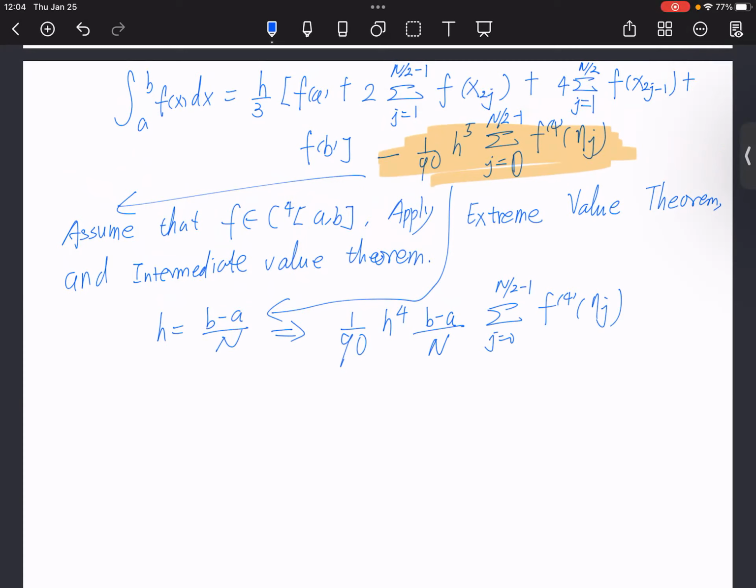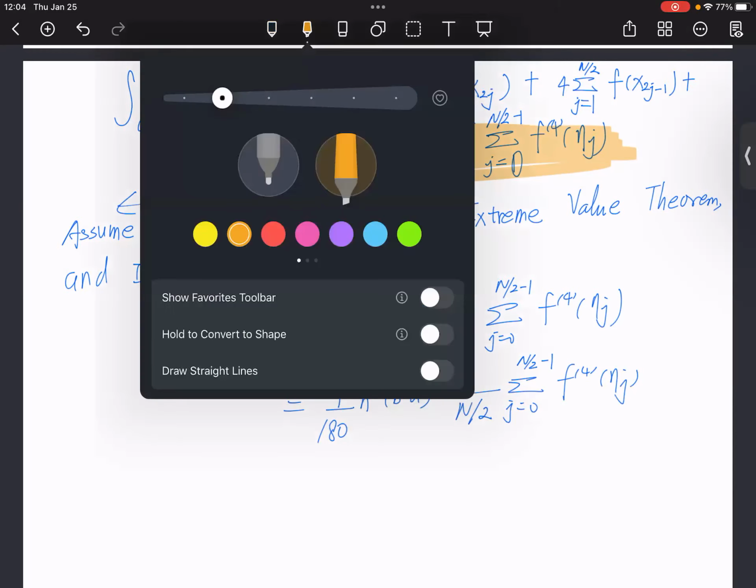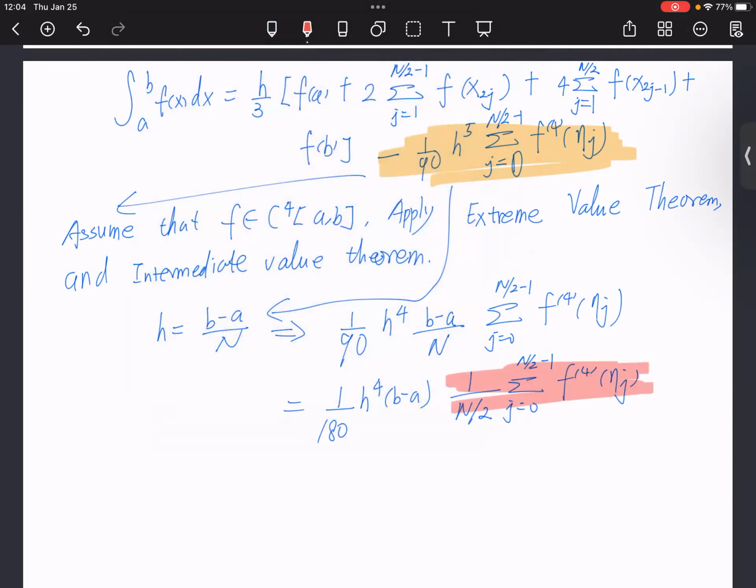So I am going to divide these by n over 2, which means that this equals 180 and h^4, and then b minus a, and then n over 2 times the sum from j equals 0 to n over 2 minus 1. And now you would get this one. This one is the average of the f^(4)(eta_j), right?